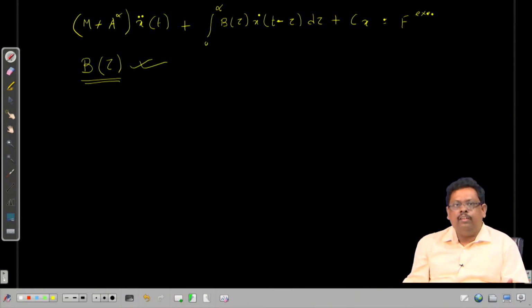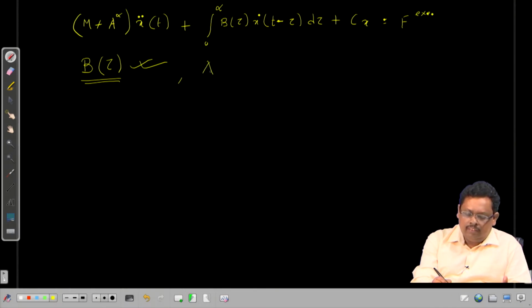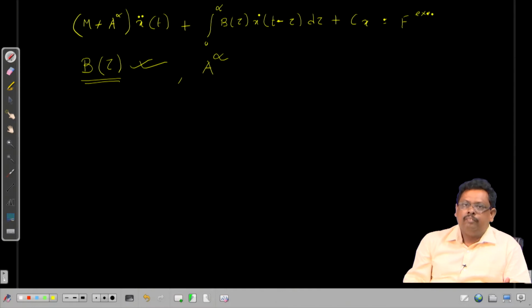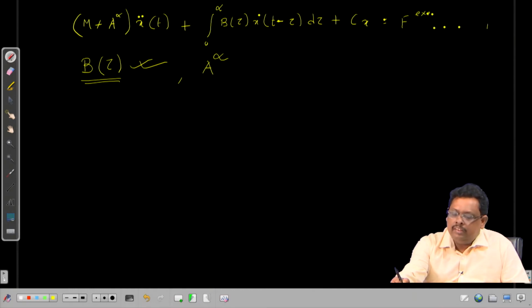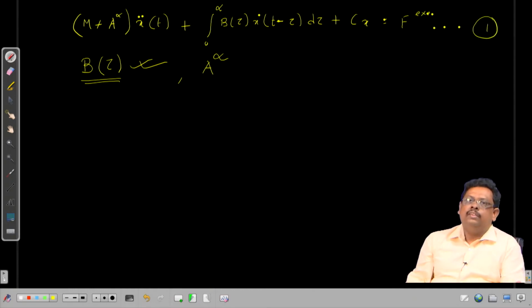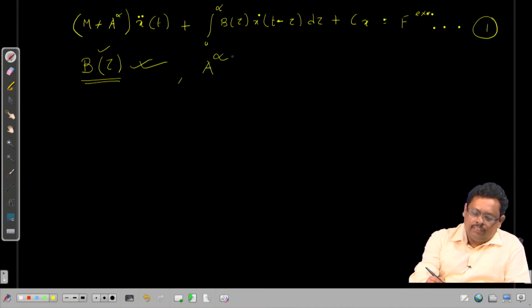By now we know how to get this b tau, and how to get this A infinity. Let us call this equation number 1. What more is required to solve equation 1? Of course, I know b tau, and of course, I know A infinity.